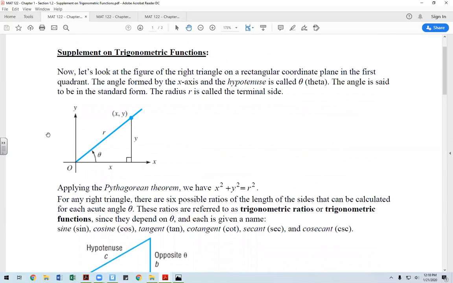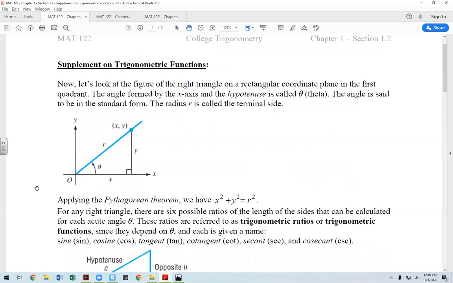And you guys may remember this. We had talked about this in college algebra also when we had introduced the distance formula and the midpoint formula, where we talk about how we can actually use the Pythagorean theorem to help us come up with the equation of a circle. So we're actually kind of rounding back to that.